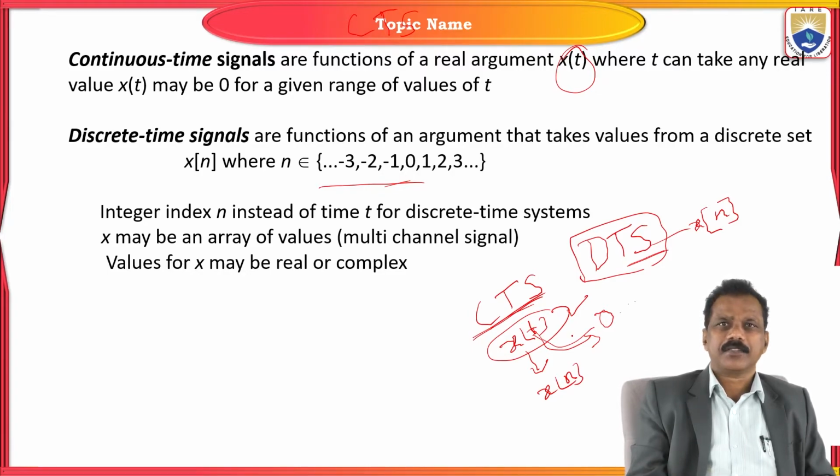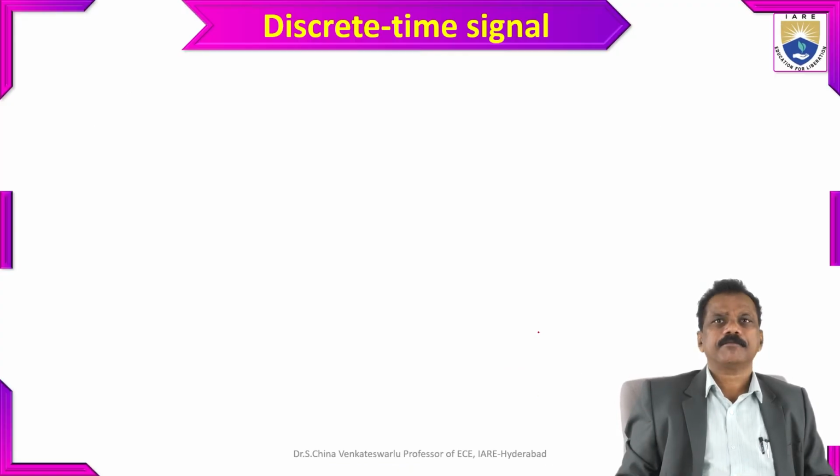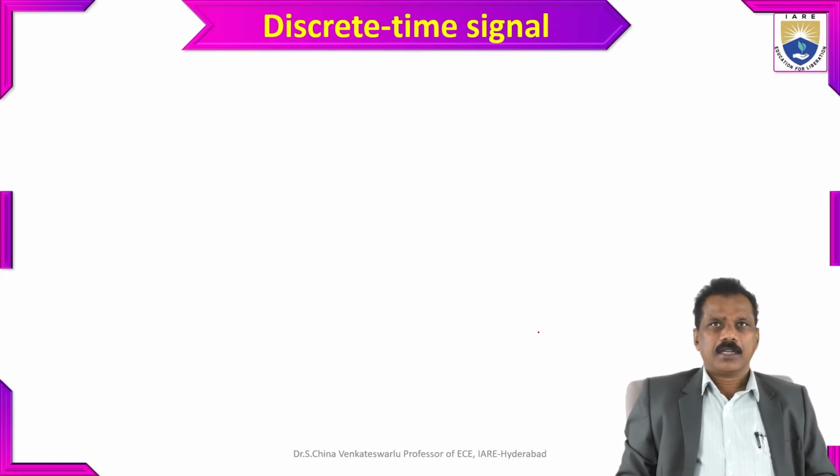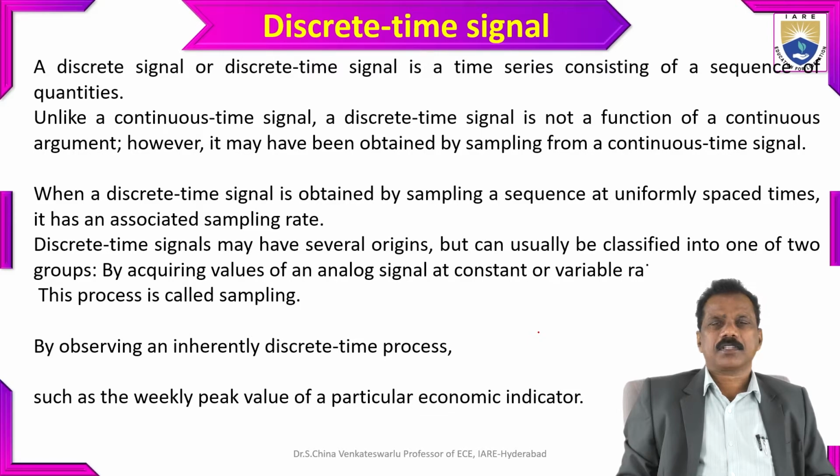An integer index n is used instead of time t for discrete time systems. x may be an array of values if you are using a multi-channel signal; values for x may be real or complex. Okay, next we come to the in-depth of the discrete time signal.